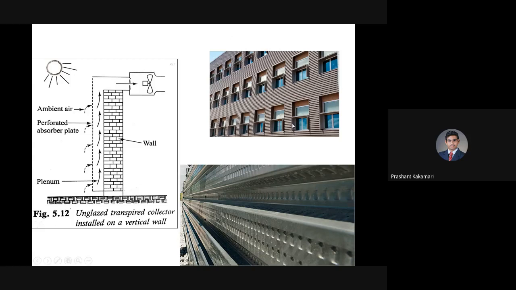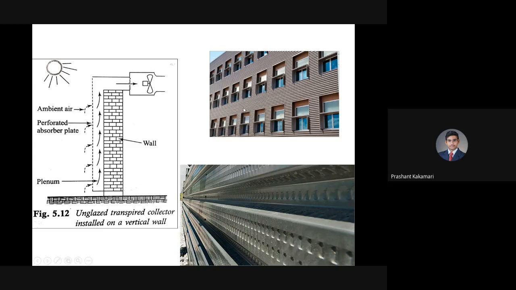That can be done by preparing the perforated absorber plates on the opposite side of the building where the sunset is going to happen. Due to the sunset solar radiation, one can heat the air on the west side, and heat the room where the air may be moving from the east or west or any other direction. So the heat can be collected from the east or west side because of the solar radiation, and one can heat the chamber or the room inside this building.